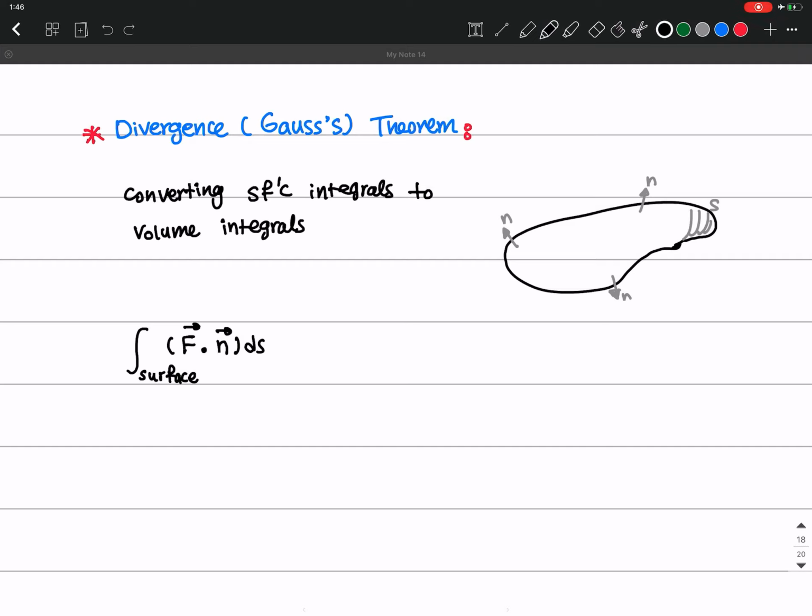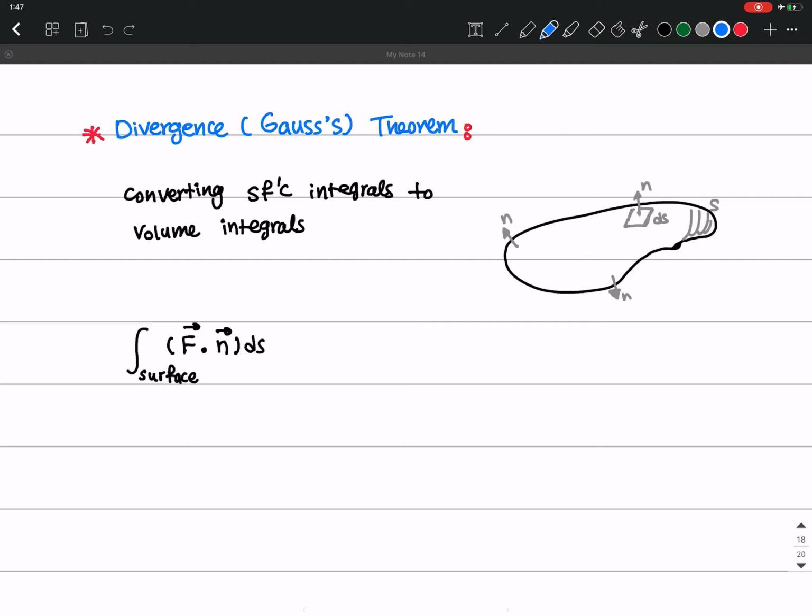So what you are doing is integrating, so let me modify this a little bit. Say this is n, and this is dS over the surface. Then you have another field f, which can be velocity or anything that goes through this.